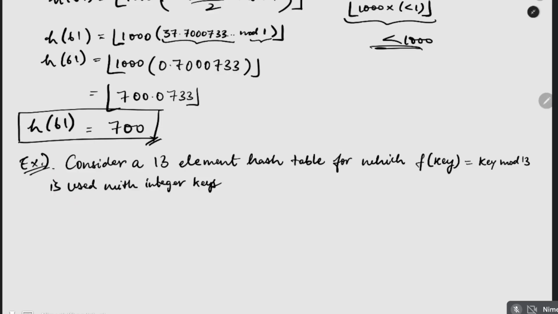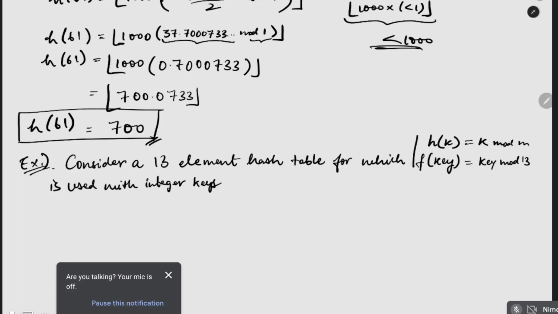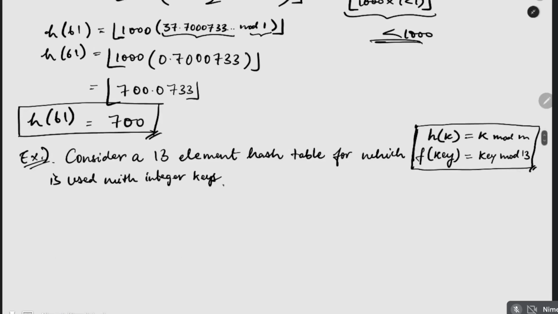So this is basically a function of type h of k is k mod m, right? So basically we are dealing with the division method for hashing here, right? So we'll just keep that in mind.